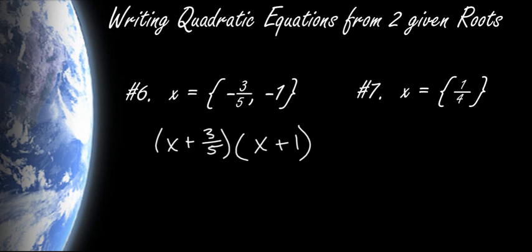Now, some people are getting confused as to when you put the bottom up and when you bring the bottom down. And here's the basic rule. If you're trying to get rid of parentheses, you move the bottom down. This is going to give you your roots.